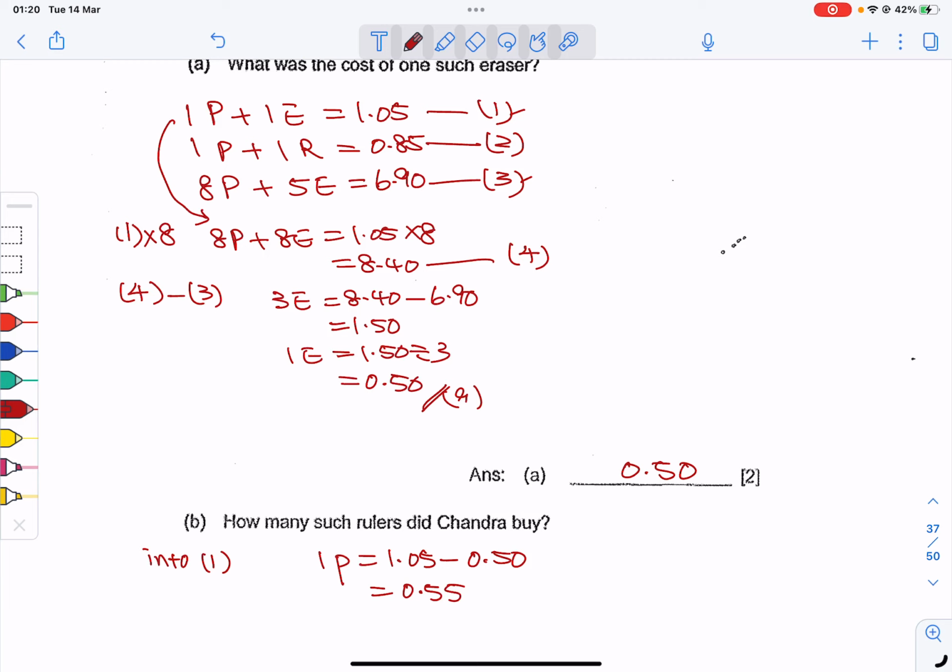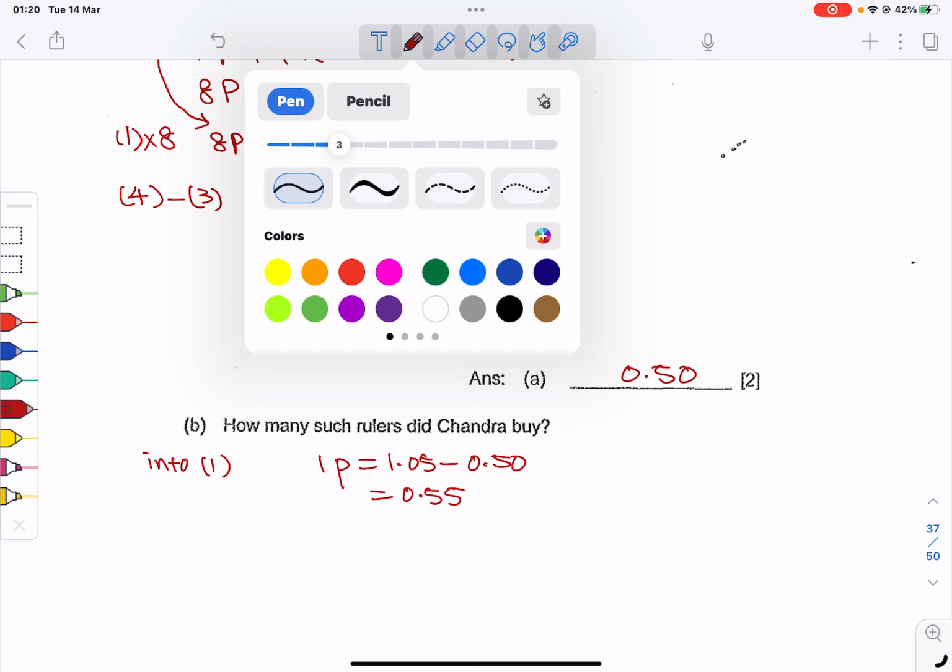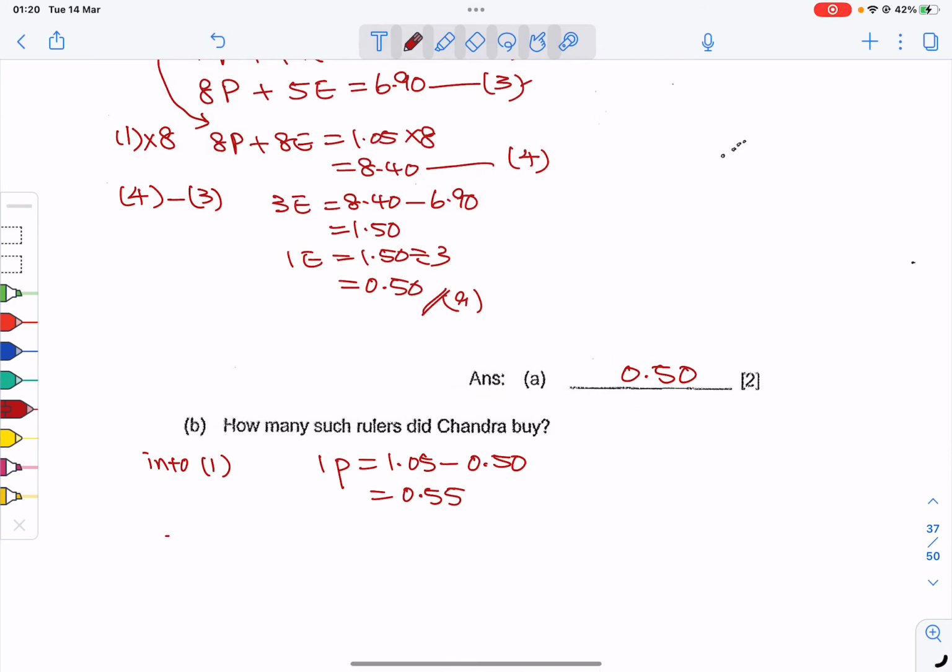So we need to find the price of a ruler. If I know a pencil is so much, then I will sub into statement 2. So 1 ruler will be 85 cents minus 55 cents, which will be 30 cents.